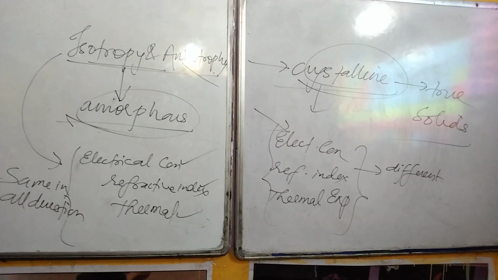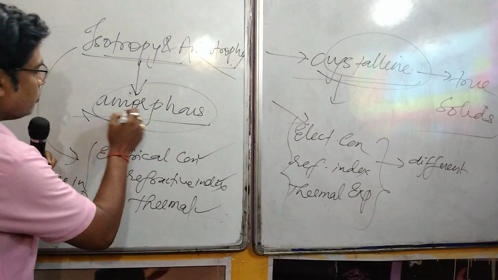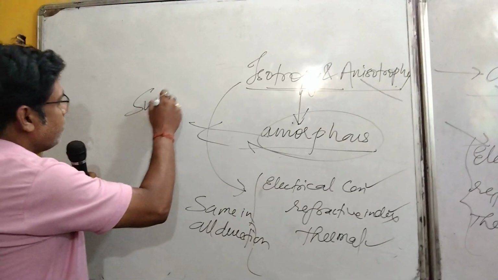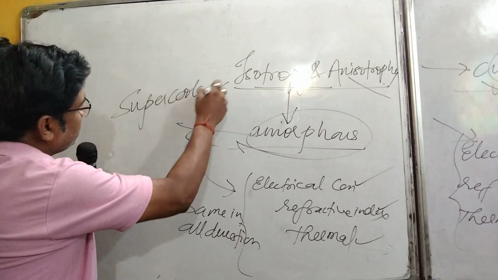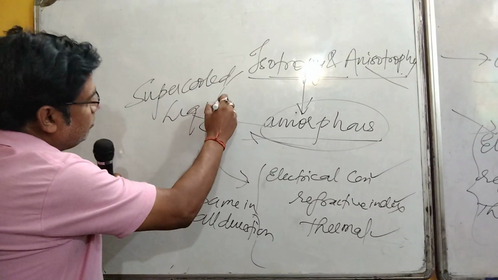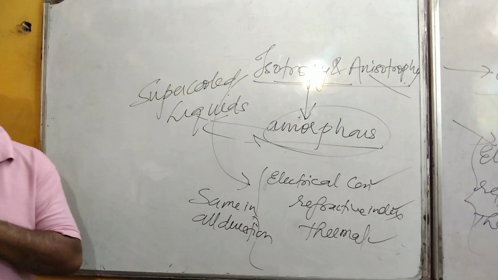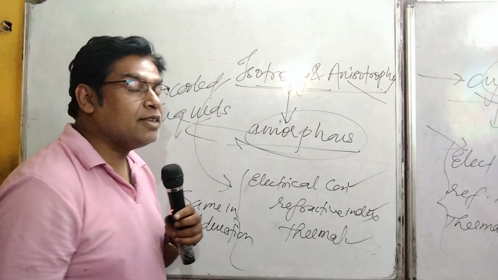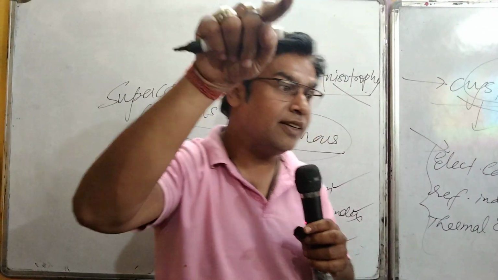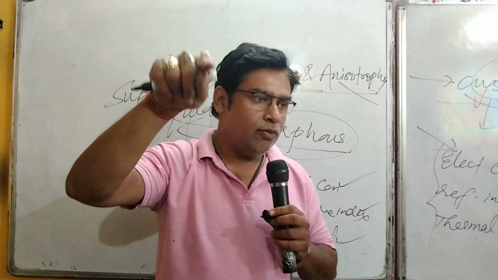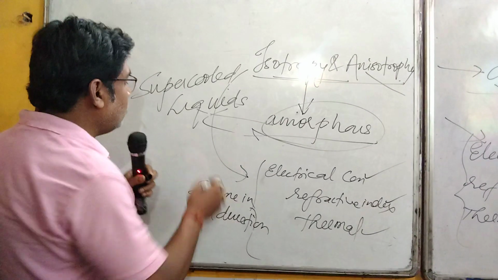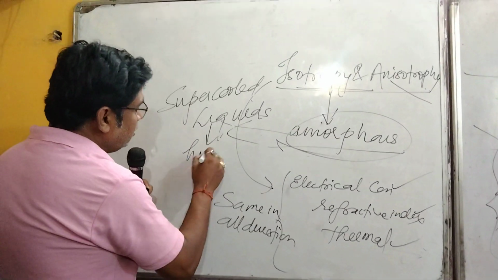And amorphous solids are commonly known as supercooled liquids. Amorphous substances are considered supercooled liquids, but they are supercooled liquids of high viscosity. Their viscosity is quite high. What do they have? High viscosity.